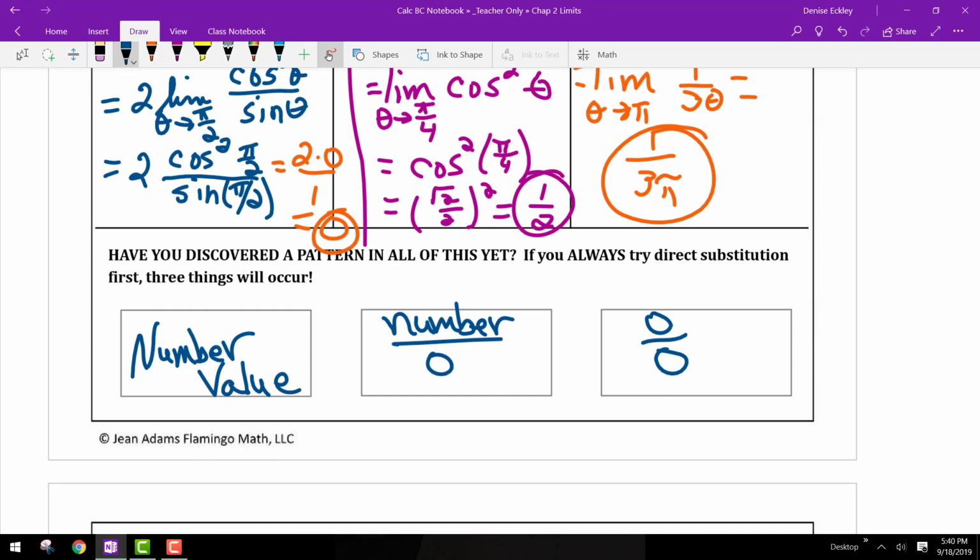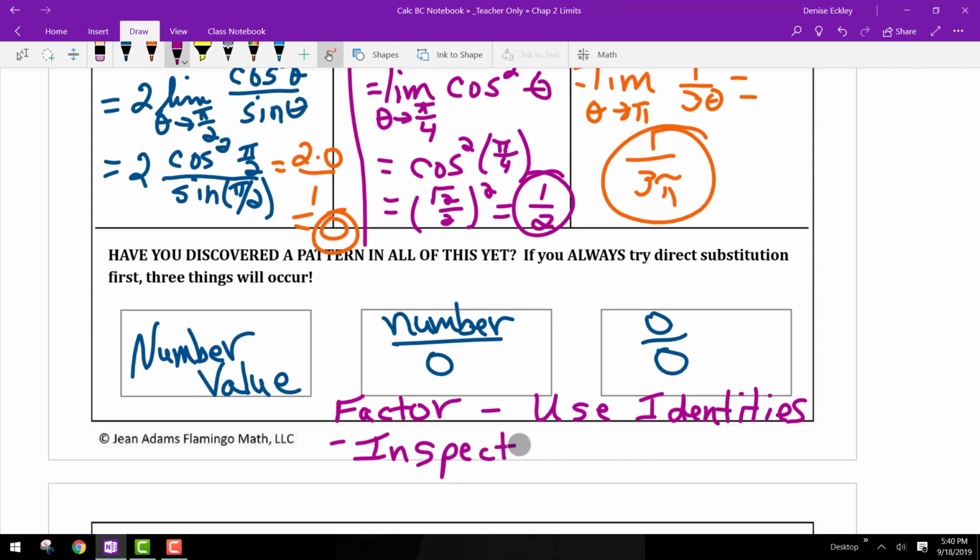So remember, things we can do are factor, we can use our identities, and if necessary, we may have to use one-sided limits for certain trig functions, and our piecewise functions too, things of that nature.